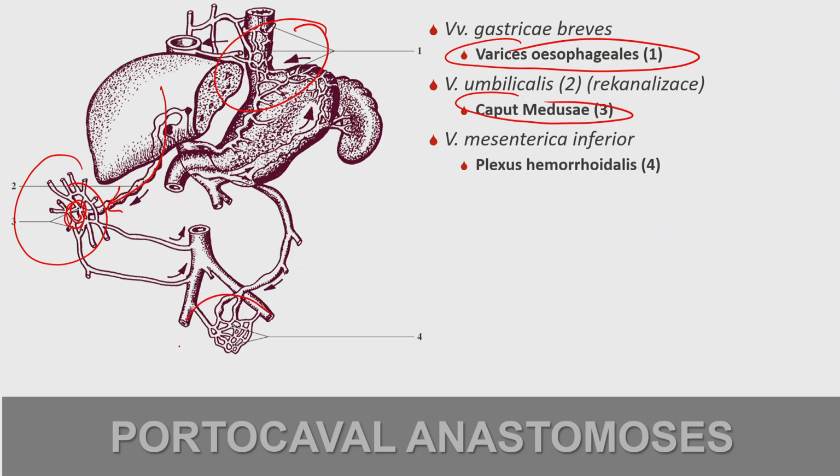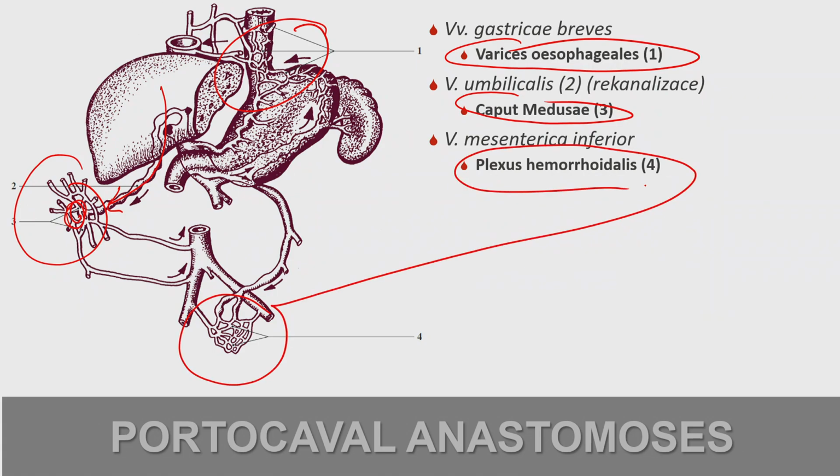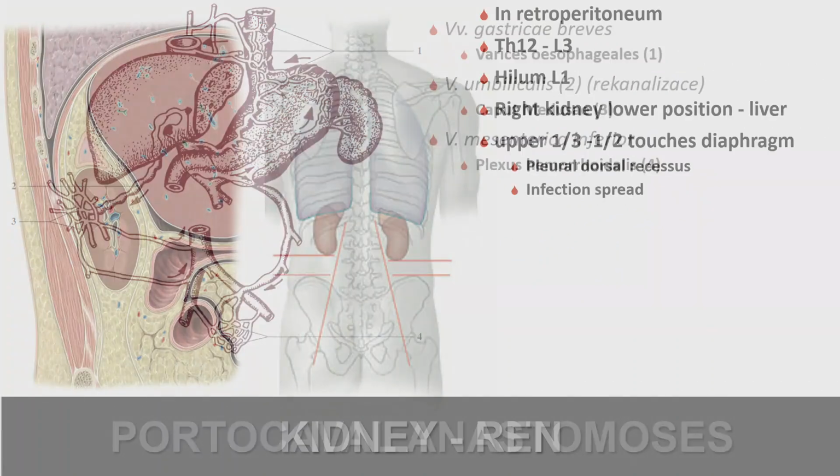And the last part is the hemorrhoidal plexus. Probably you have heard about the rectum. In the rectum there are plexuses which could be enlarged, and there is again a communication between the caval system, so the inferior vena cava, and the portal vein, so portocaval anastomosis, important.